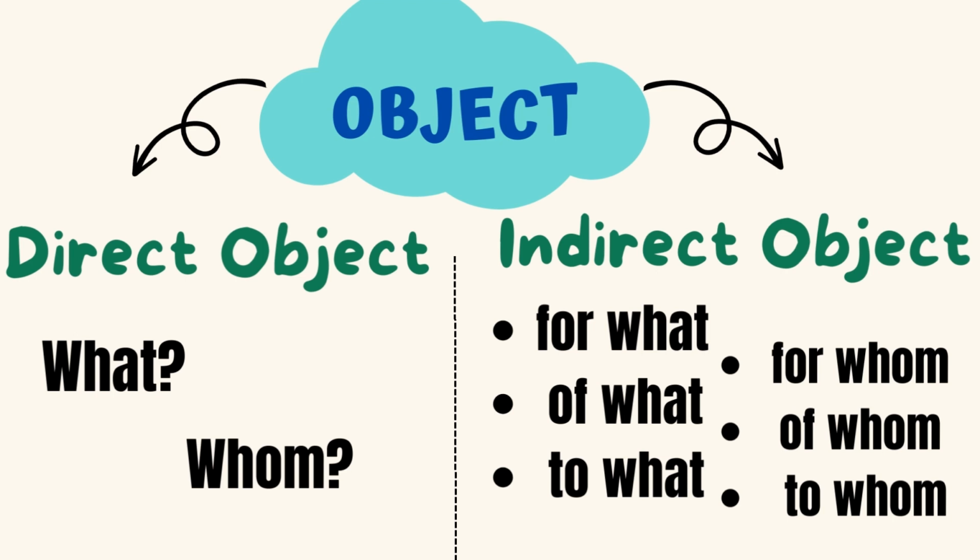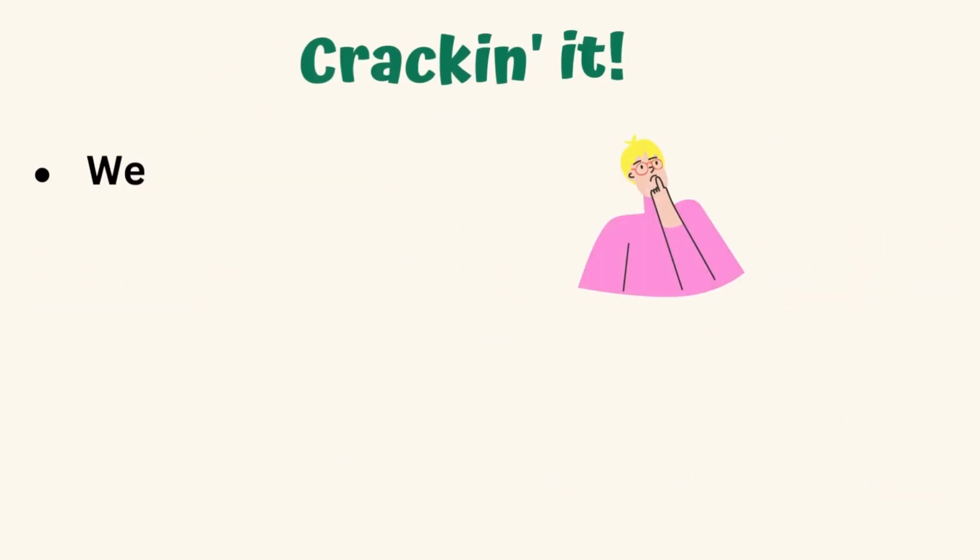And if there are answers of for what, of what, to what, for whom, of whom, or to whom, okay, just listen very carefully. When you have the answer of whom, you have a direct object. When you have the answer of to whom, you have an indirect object. So what and whom, simply direct object, and the others are indirect object.